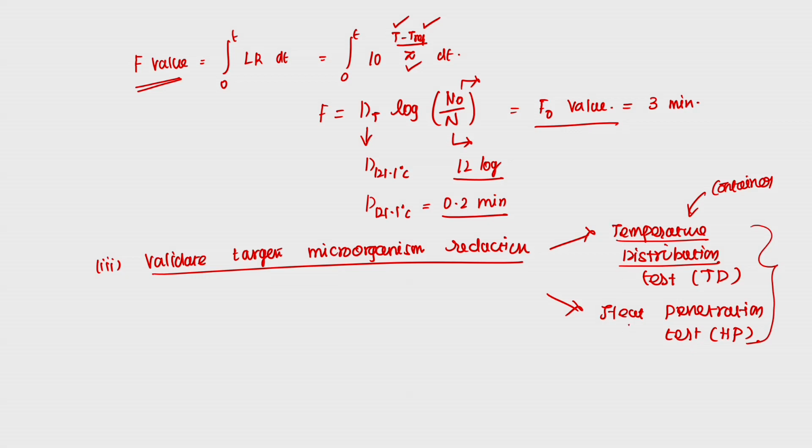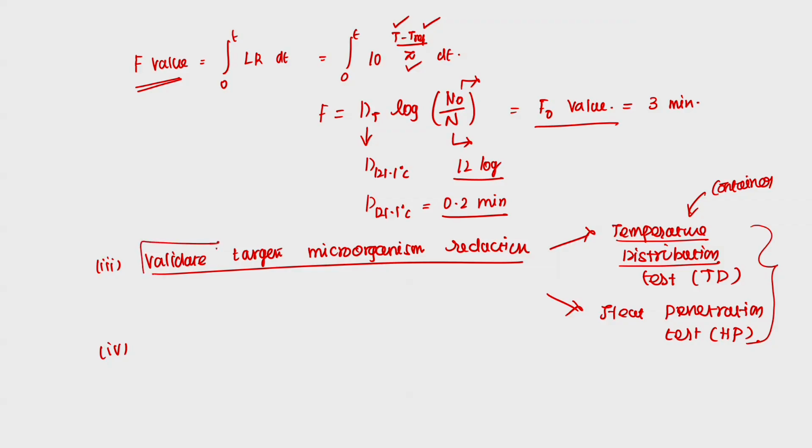So, by using these two tests, I will be able to tell whether the particular time-temperature combination from which the F value was calculated and the process established is correct or not, right. To validate, for example, the F naught value is 3 minutes as per the calculation, right. Most of the time industry goes for safety limits. So they normally employ an F value of 6 minutes, right.